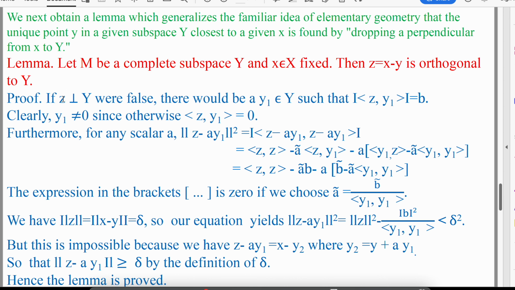If z is not orthogonal to M, then we would have y1 belonging to M such that the inner product of z and y1 is equal to b. Clearly y1 cannot be 0.